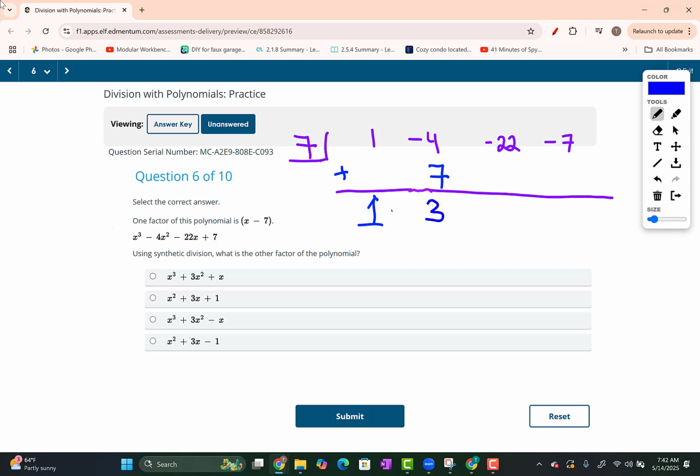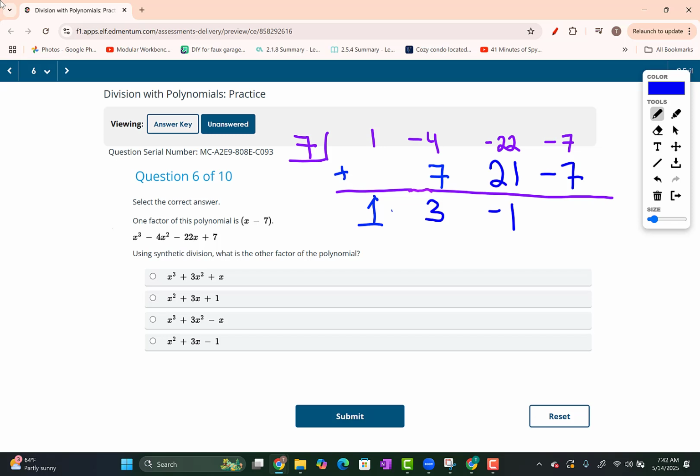And then we're going to multiply the 7 over here by the 3 right here. 7 times 3 is 21. And then we're going to add those two numbers together. -22 plus 21 is -1. And then we're going to multiply the -1 times the 7. That gives us -7.